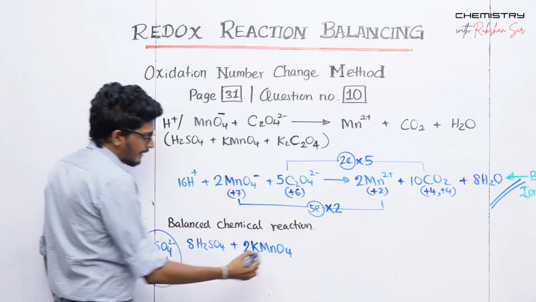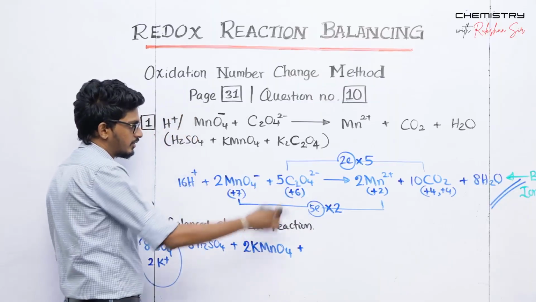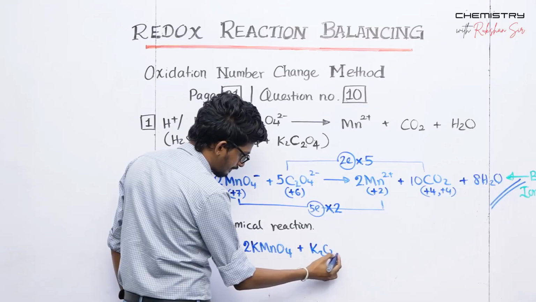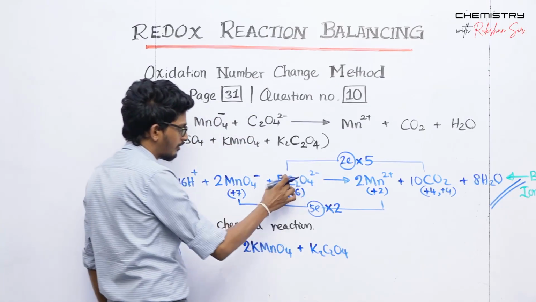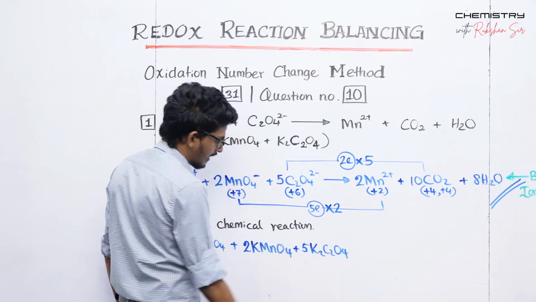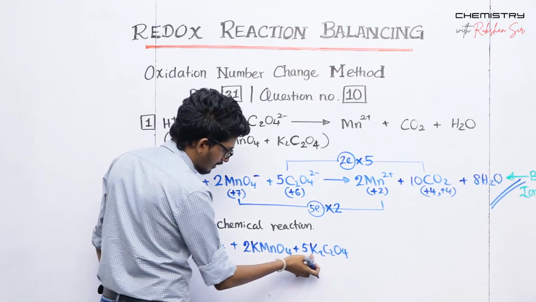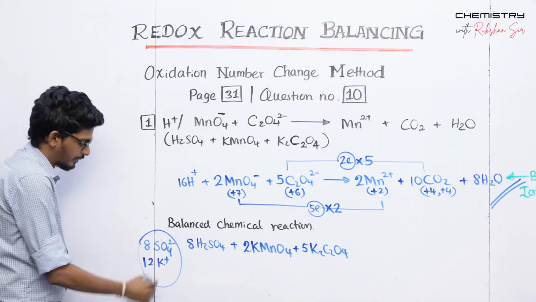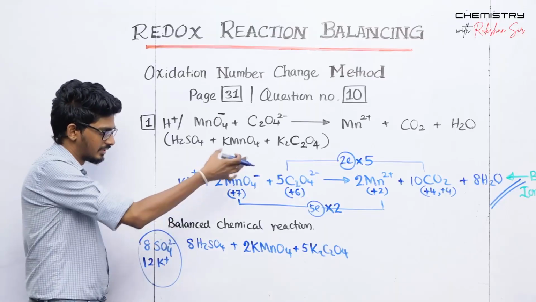Then to provide the C2O4 2 minus ions, you use K2C2O4. You need 5 C2O4 2 minus ions, so you need 5 potassium oxalates. So you had added 10 K pluses by hand. This 10 and this 2 all together become 12 K pluses by hand. So you need to provide those to the other side as well.